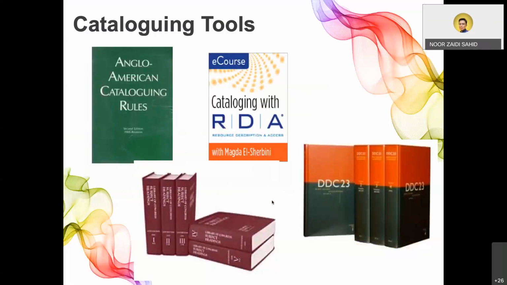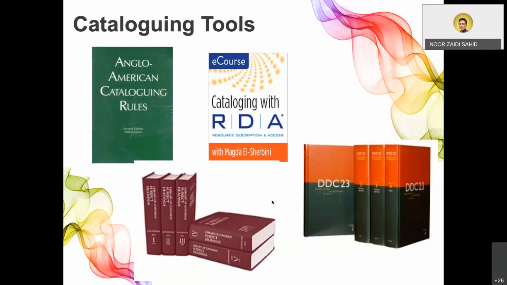Okay, so in the cataloging process, as I mentioned earlier, you need to employ several standards, or several tools. Tools apa? Alatnya apa? Dia adalah standard. Standard can sometimes dia refer sebagai manual, or it can be a guide. Ini soalan yang sangat popular, ditanya sama ada dalam test atau dalam exam.